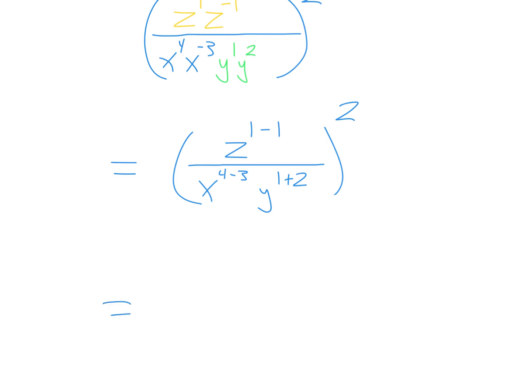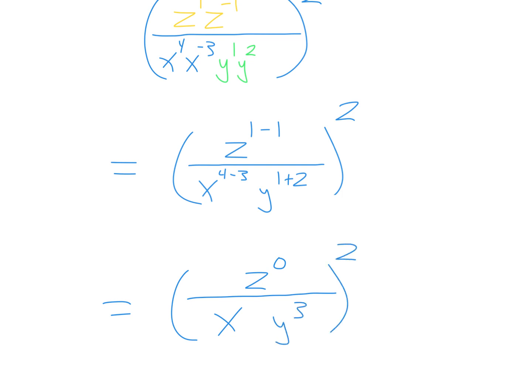So now, in my numerator, z to the 1 minus 1 is z to the 0. So recall, that's going to change. We're not going to just leave that as z to the 0. In my denominator, x to the 4 minus 3 is just x to the 1. And then y to the 1 plus 2 is y to the 3rd.